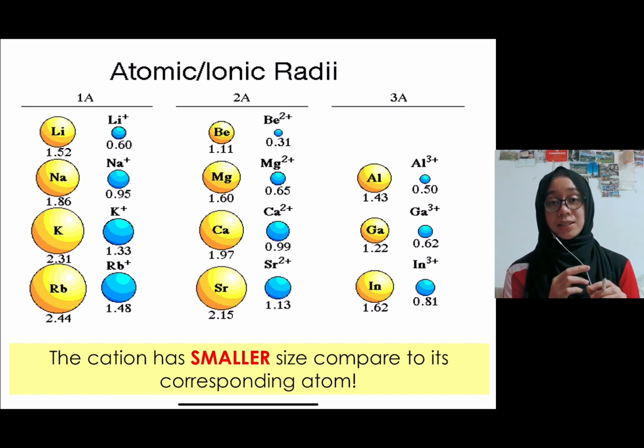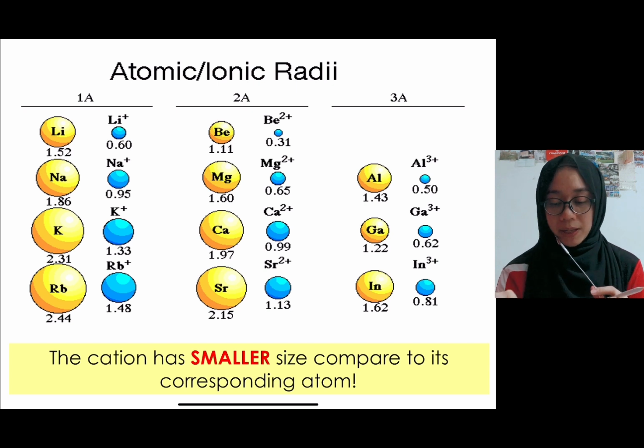So what is meant exactly by the mutual repulsion? Konsep dia macam ni. Okay, so let's say kamu nak buat bulatan. Okay, so kamu ada 6 orang. Okay, bila kamu ada 6 orang, so kamu akan try to make sure there is a social distancing lah kan, ada physical distancing dekat situ. Okay, so bulatan tu agak besar lah.